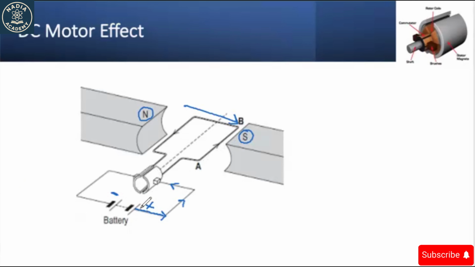The battery is connected through connecting brushes with a semicircular copper or brass connector. If you look carefully, you can see that these are two separate connectors. One is connected with the positive terminal and the other with the negative terminal of the battery.